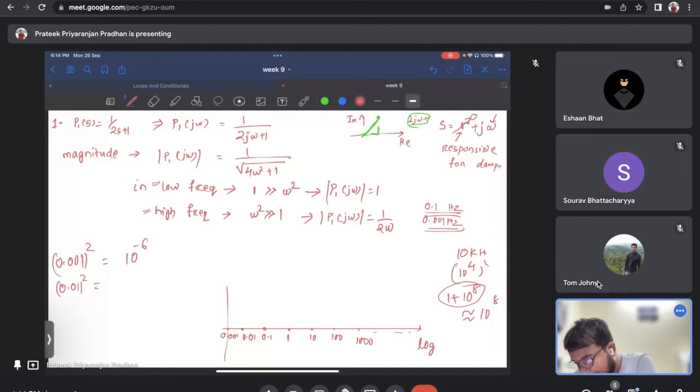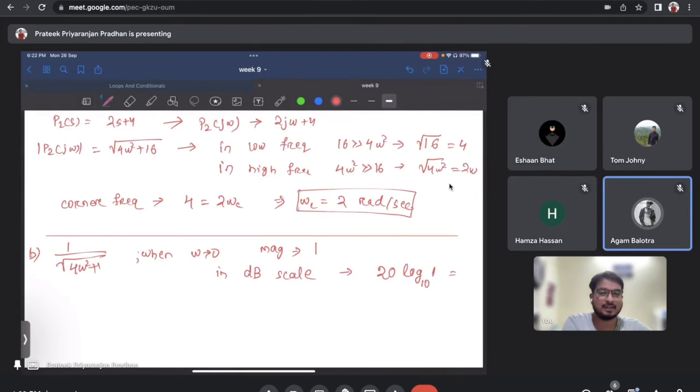In dB scale, it will be 20 log base 10 of 1, which will be how much? Can somebody just say? It's very simple. Log 1 base 10. Yeah, very good. It will be 0 dB. Never forget the unit. I have told this many times.